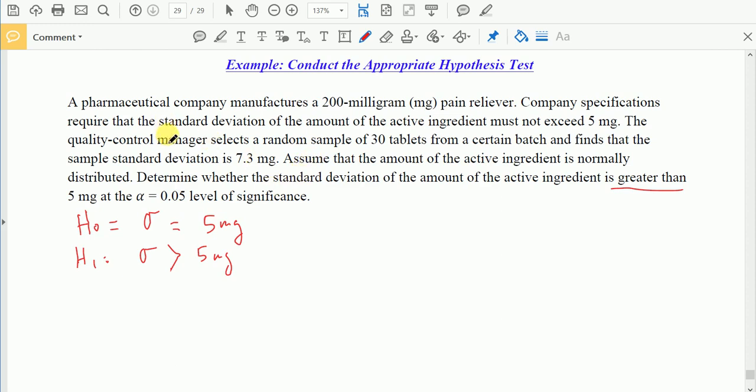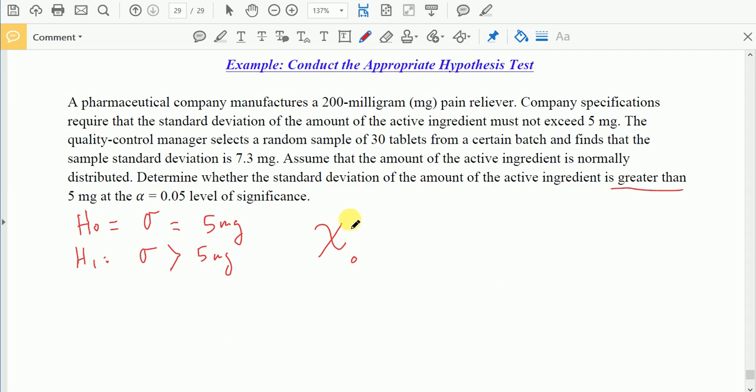And this one is already stated that we randomly selected. That means this is a normal distribution and simple random sample, okay? So those requirements are met. Now we need to find the chi-square. So find the test statistic.